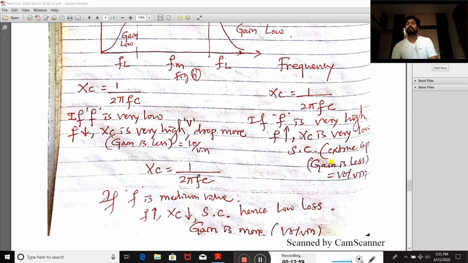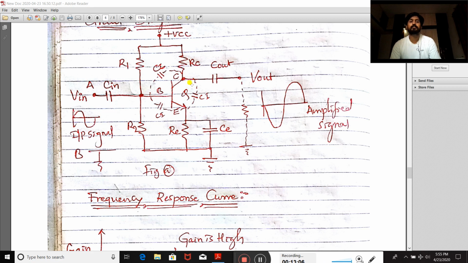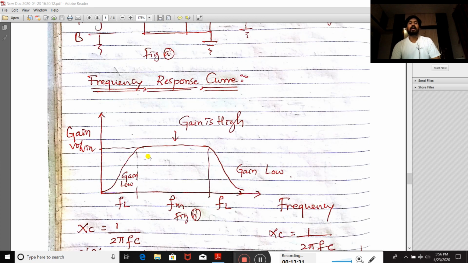But because of that, the extra capacitance effect will come into the picture, that is called inter-electrode capacitance. It is not actually connected in the circuit, but it is virtually there, and it produces a path for the current to flow, and voltage drop takes place across this capacitor. So it reduces the voltage at the output side. As this voltage drop is there, definitely the output voltage reduces, and the gain of the amplifier will reduce. Hence at low frequency as well as very high frequency, gain is low, and in the mid frequency range gain is high.